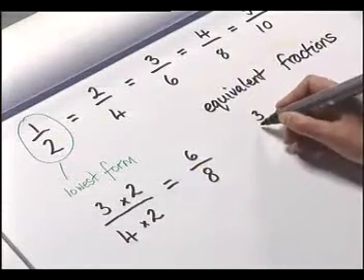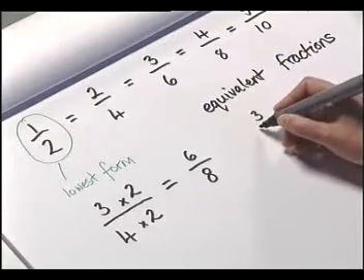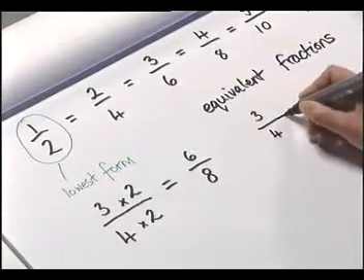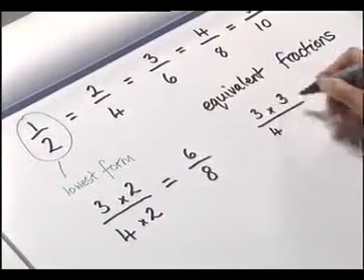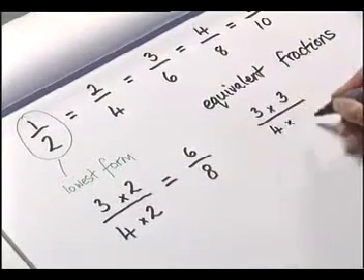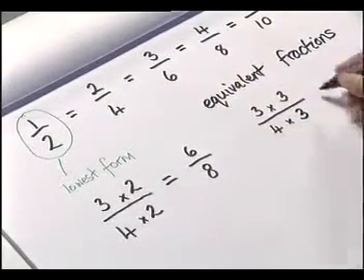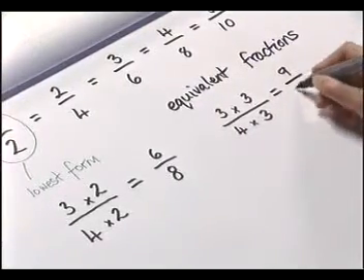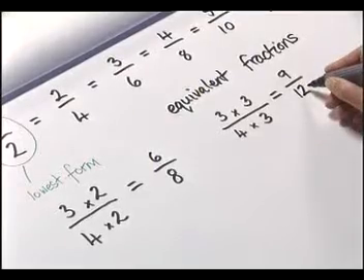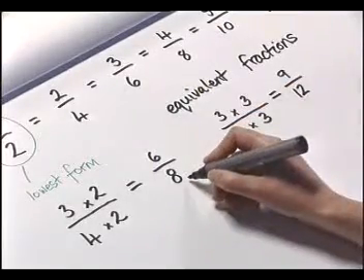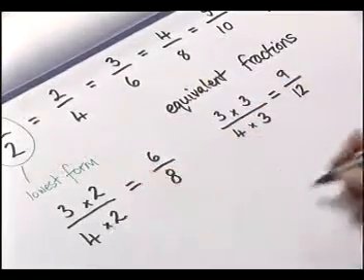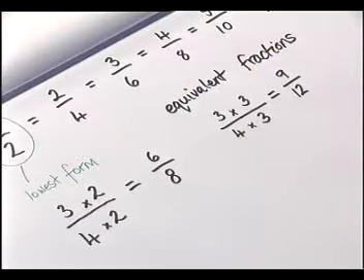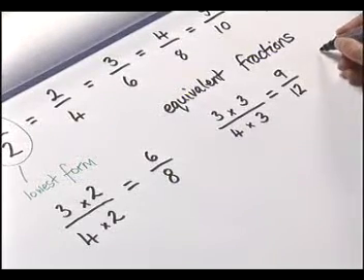Let's try another one. This time let's take our 3/4 and multiply it by 3. The top number is multiplied by 3, so must the bottom number be. 3 3s are 9, 3 4s are 12. So 9/12 is equivalent to 6/8, and they're both equivalent to 3/4. Let's do one more.